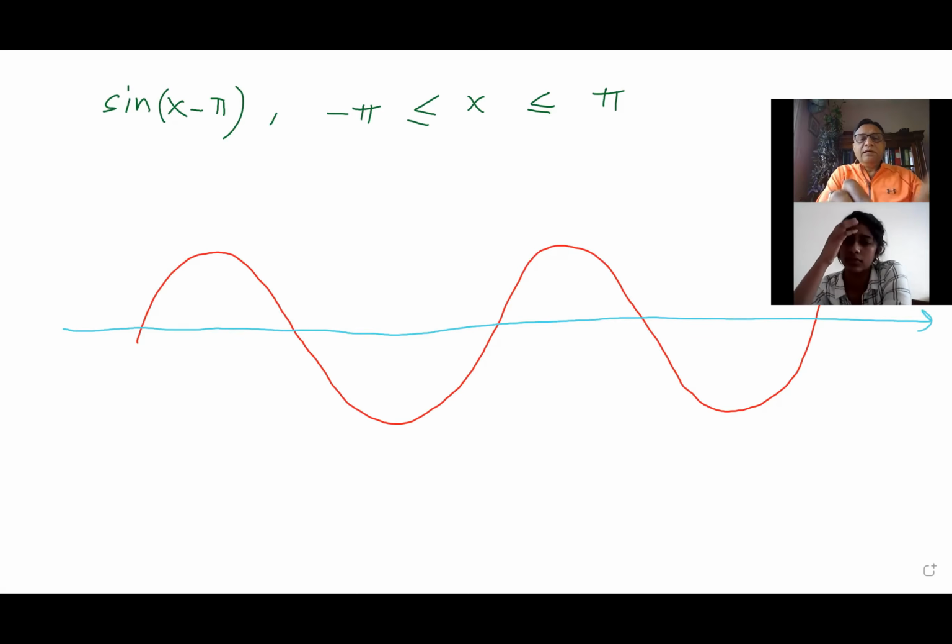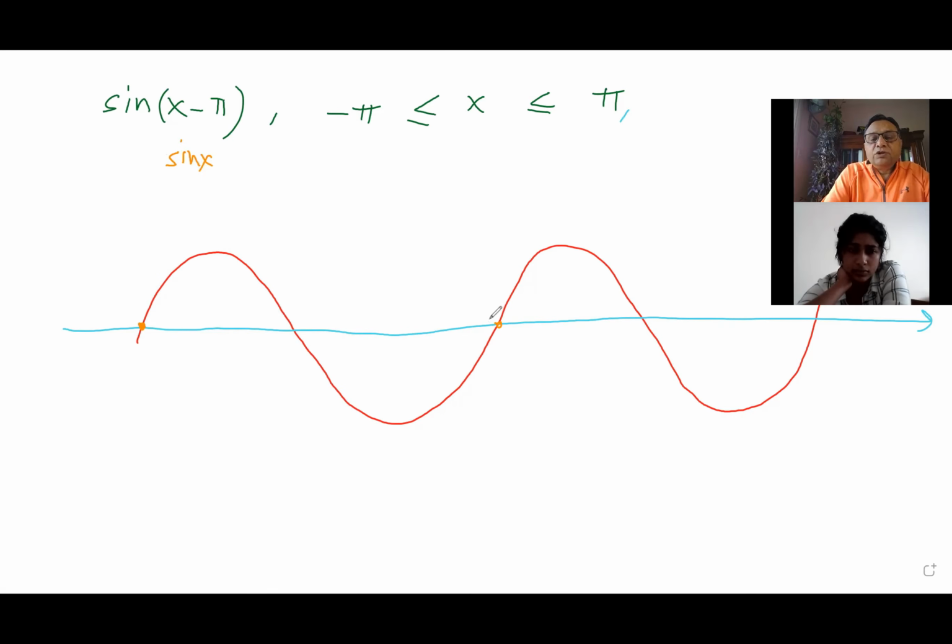Now, the idea here is that, as you rightly said, we have shifted the sine graph pi to the right, correct? So you could assume that earlier the sine graph starts from, let's use some other ink, from here, and this is actually sine x.